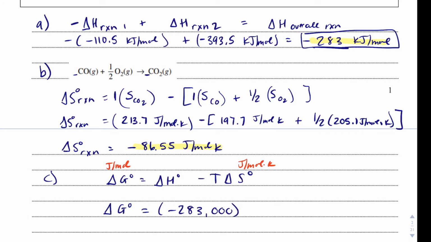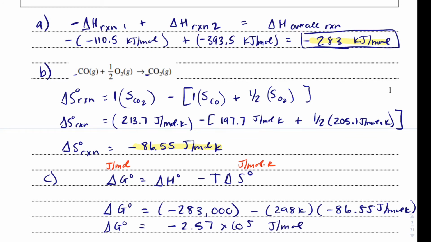So multiply by 1,000 is the conversion that we'll do to get from kilojoules to joules. 298 Kelvin is our temperature, and then negative 86.55 joules per mole Kelvin. Plug that into your calculator, and when you get delta G, we're going to get negative 2.57 times 10 to the 5th, or 257,000 joules per mole.